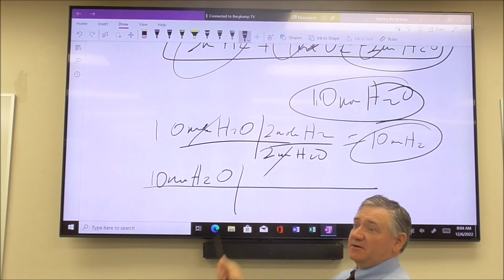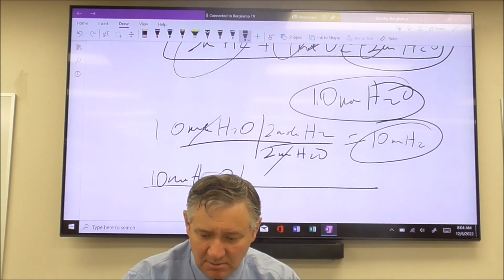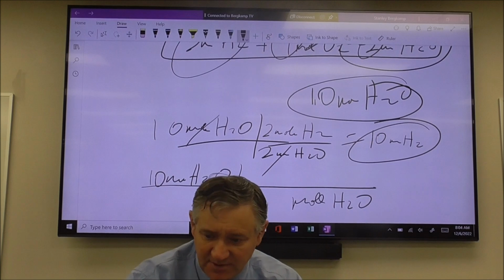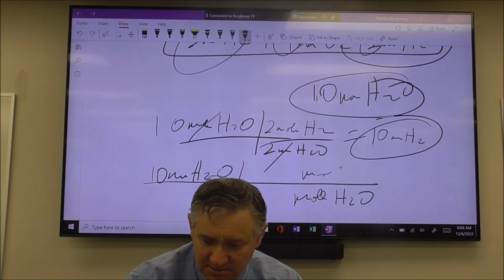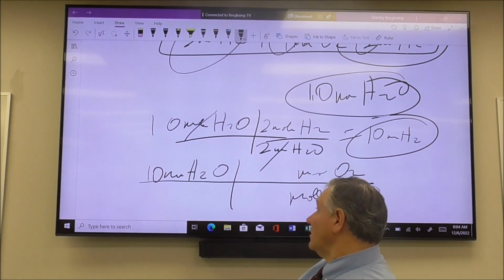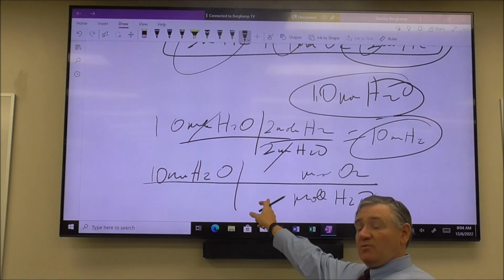What am I going to put down here? Moles of water, right? Now, Grace, you're trying to figure out moles of oxygen, right? So what's the coefficient in front of the water?